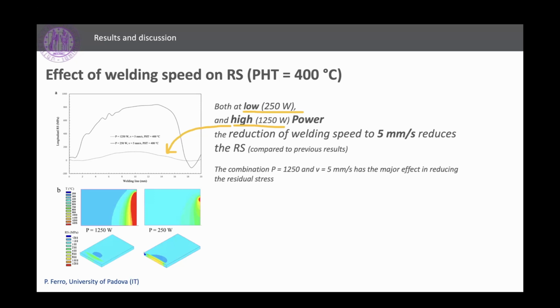But the greatest reduction was obtained by the combination of high laser power and low welding speed, as you can see by the arrow here in this picture.